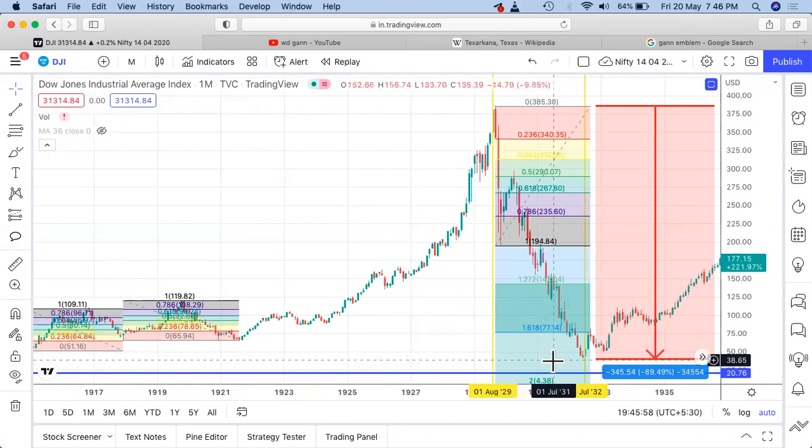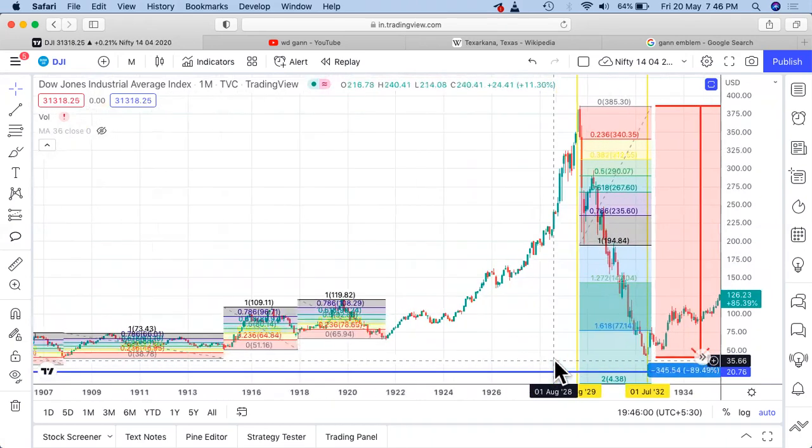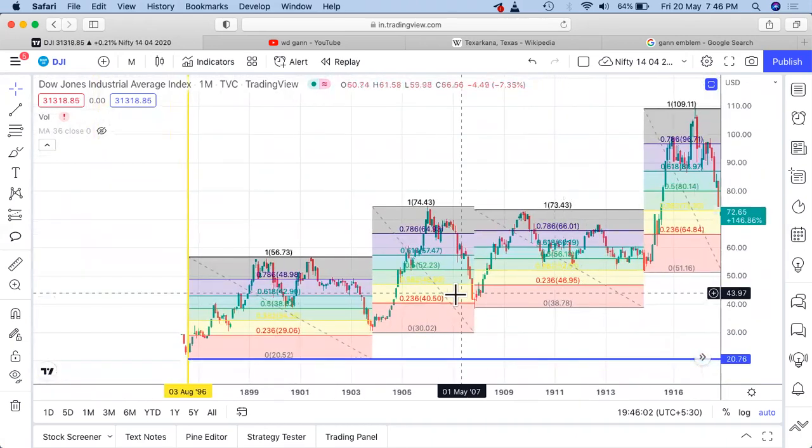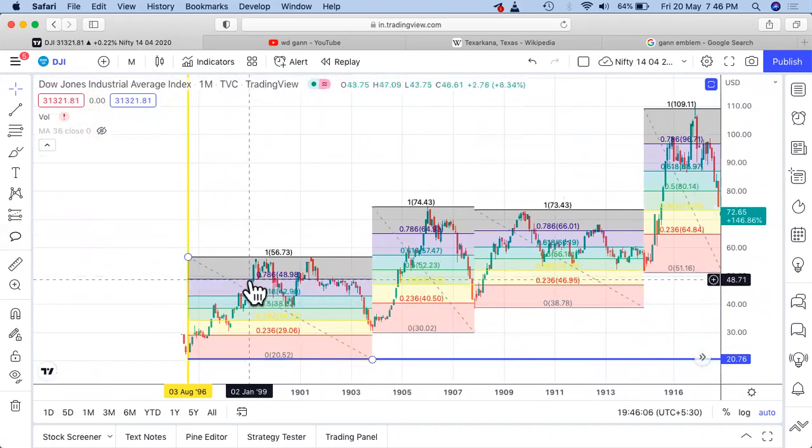So it had come down to figures of 40, which were last seen around 25, at least 30 years back from 1929.